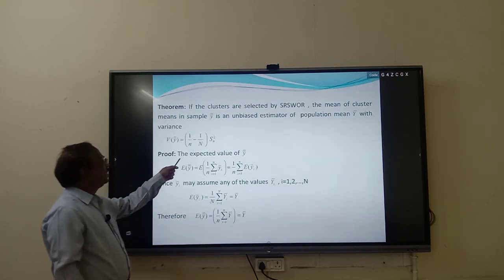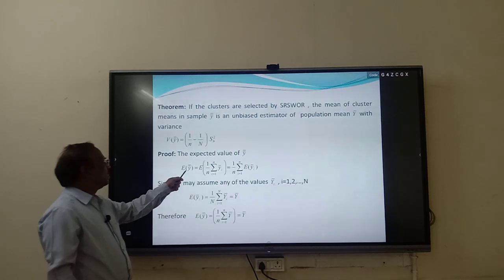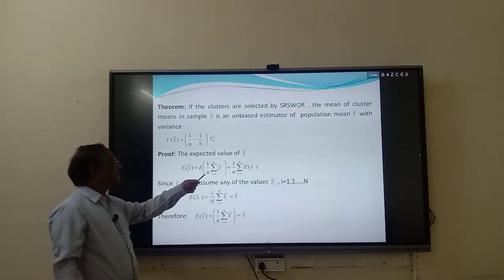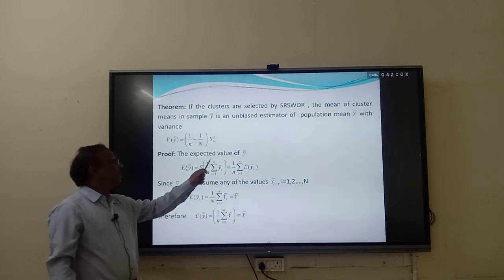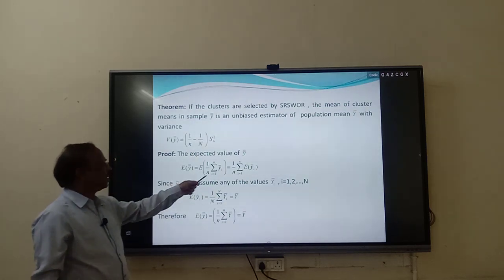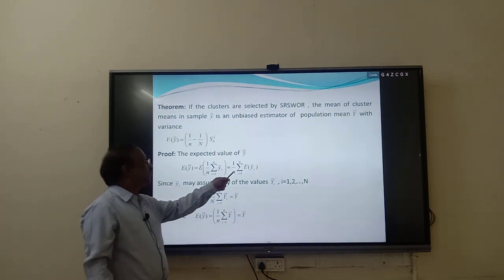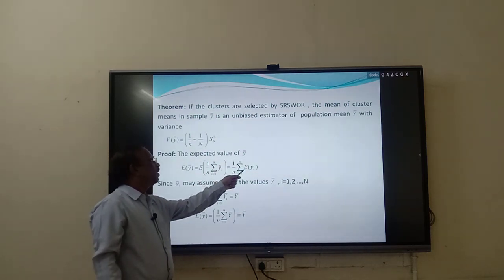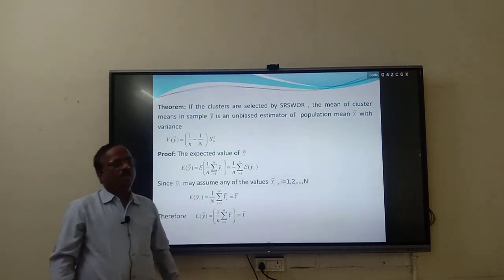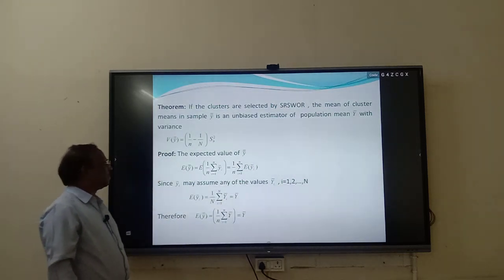So here you see the expected value of y double bar. You know y double bar can be written as 1 by small n, sum i goes from 1 to n, yi dot bar, and its expected value becomes 1 by n, sum i goes from 1 to n, and here the expected value of yi dot bar.